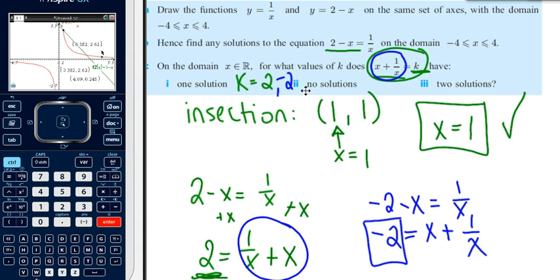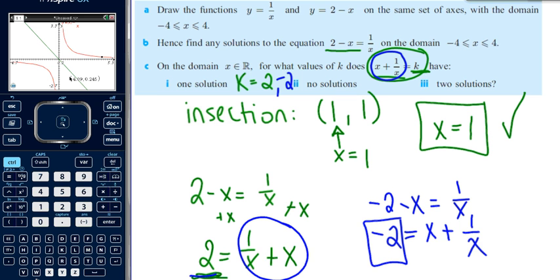So no solutions. Where are we going to have no solutions? Well, certainly if we just change it to -x, we're going to get no solutions. These functions are never going to intersect. So if you think about it, we get one solution when k equals 2, like we saw here, and we get one solution when k equals -2.